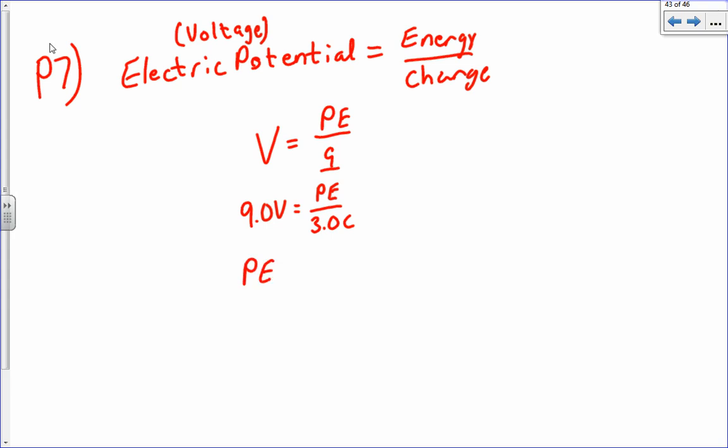So my potential energy, if I multiply both sides by 3, is equal to 27 joules. The 1 hour is irrelevant.